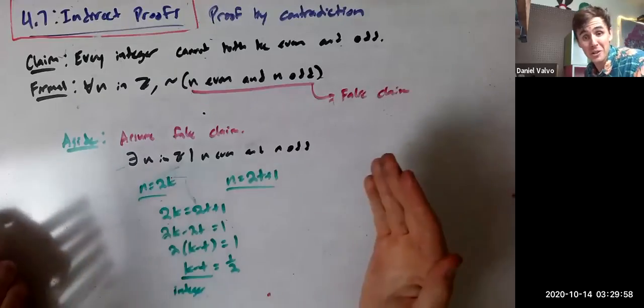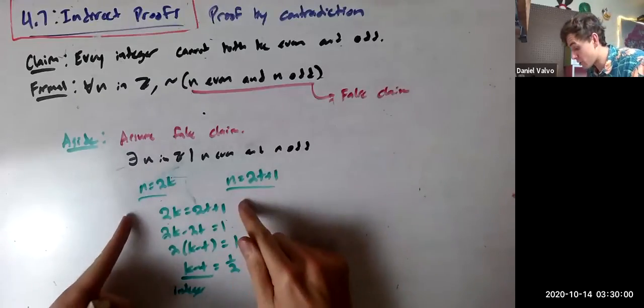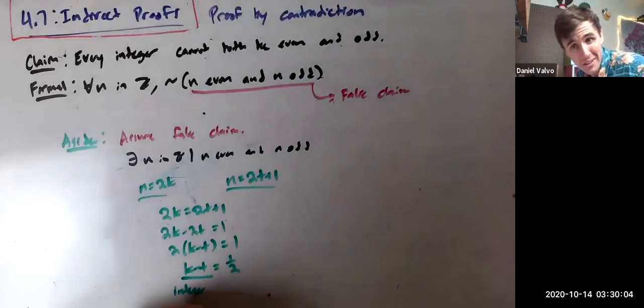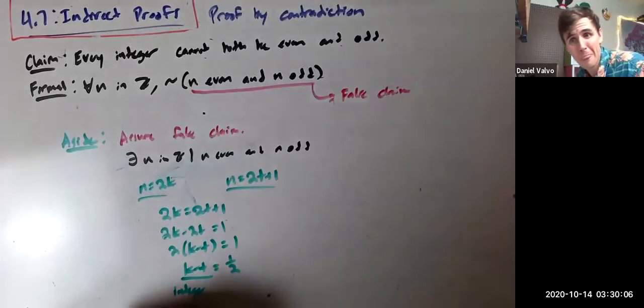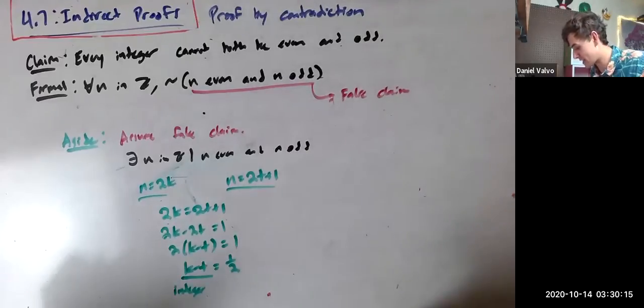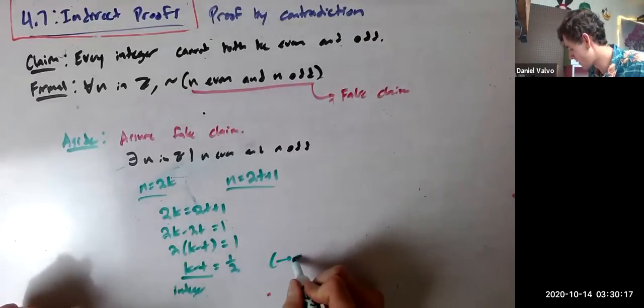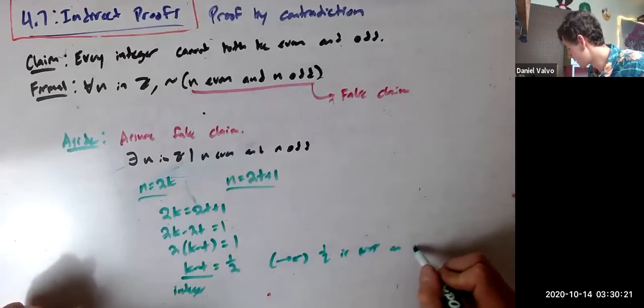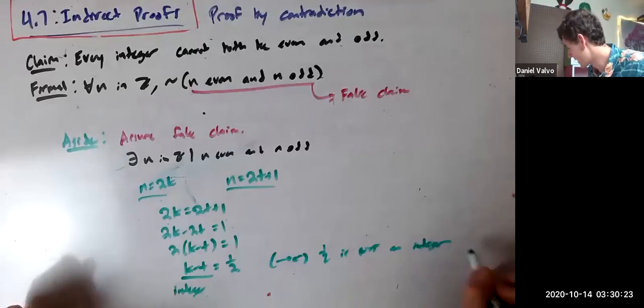Integer minus integer is an integer. So if this were truly true, that would be saying 1/2 is an integer, which is ridiculous. You see what I'm saying? So we're going to write this little sign right here: 1/2 is not an integer.